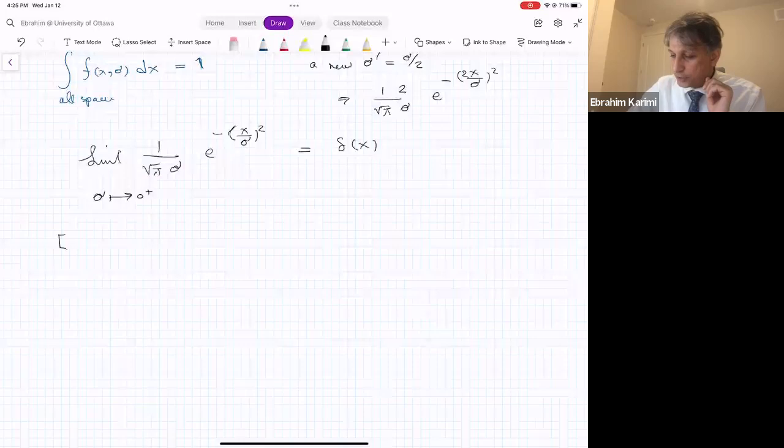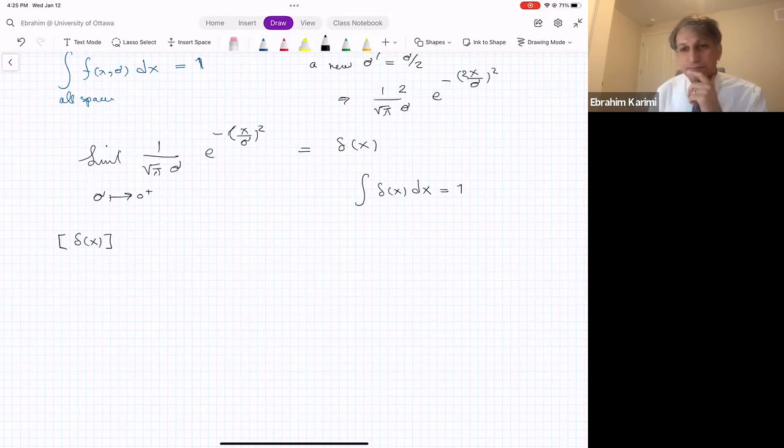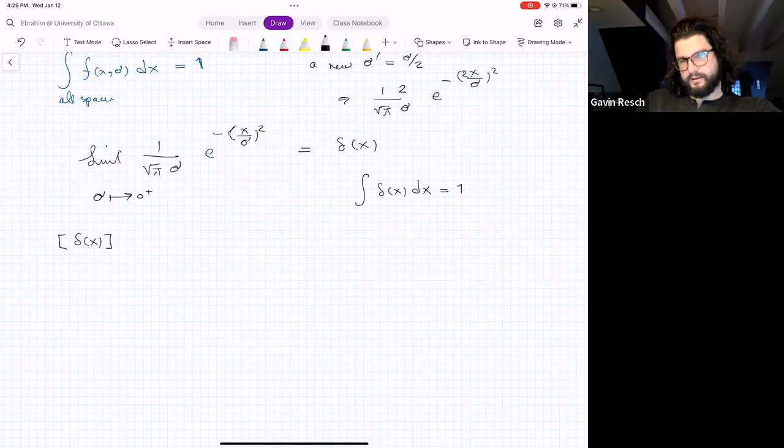What is the dimension of the delta function? What is the dimension of delta of x? I will give you a hint. Integral of delta x dx is equal to 1. Dimensionless? What is the dimension of the length?